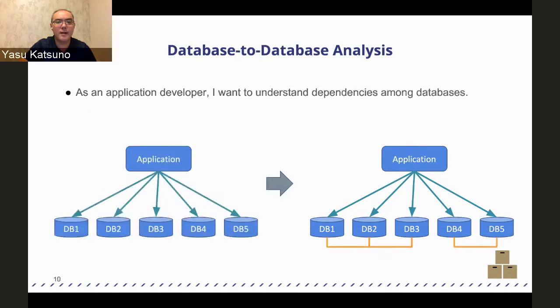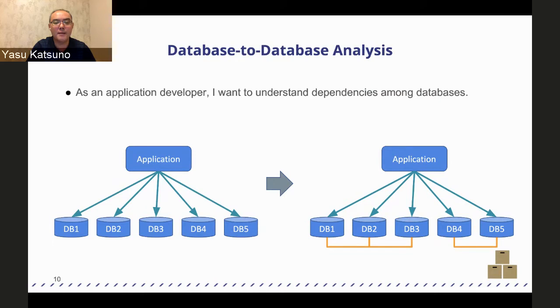The second analysis is database-to-database analysis. We also call it database dependencies. In the previous analysis, we found the target application uses five database tables. This database-to-database analysis reveals dependencies among the databases. In this case, DB1, 2, 3 have a dependency, and DB4, 5 have a dependency.